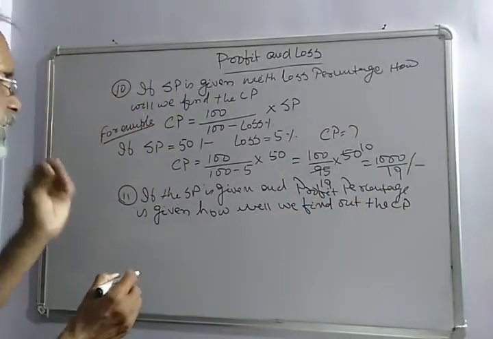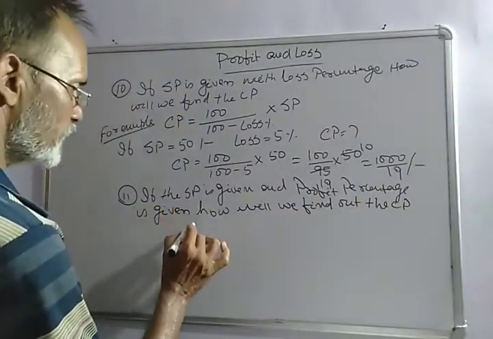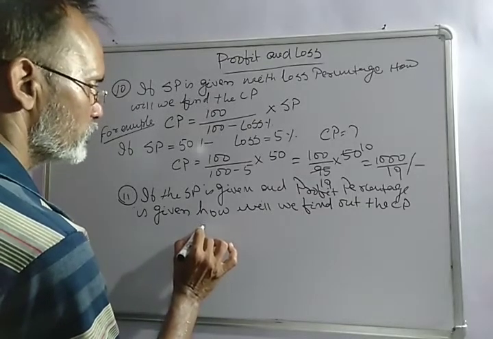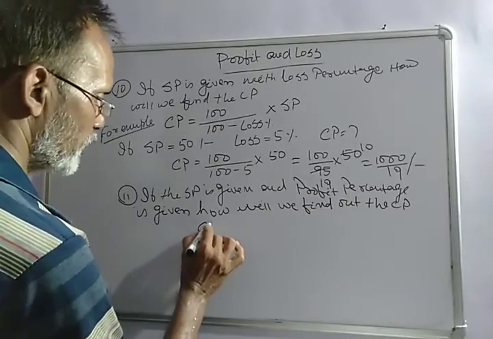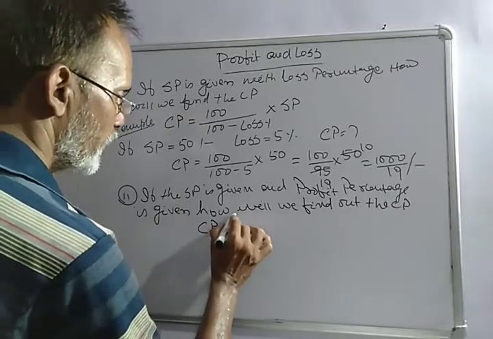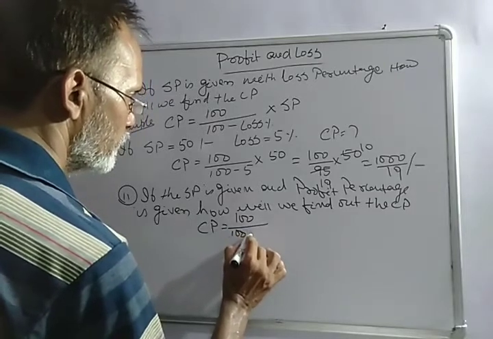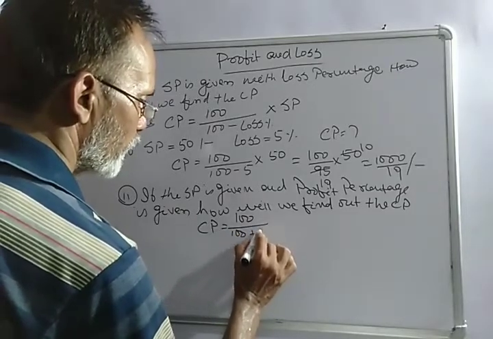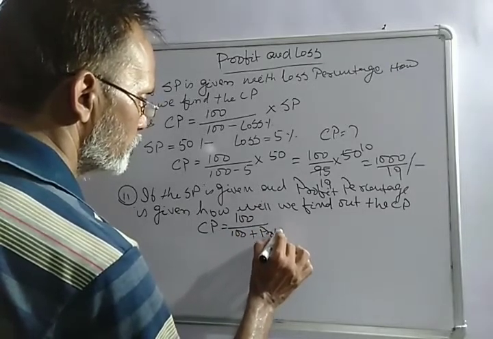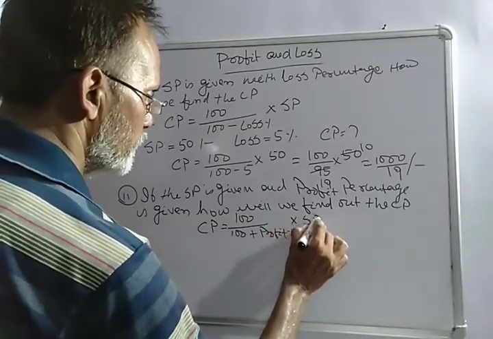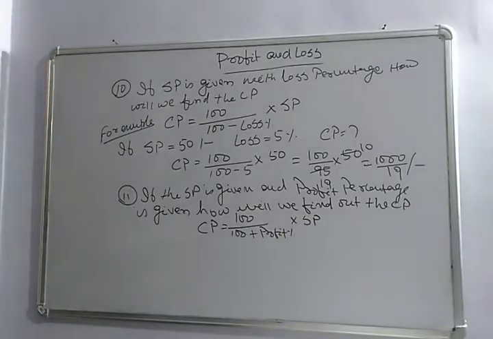So the formula is cost price is equal to 100 by (100 plus profit percentage) into SP.